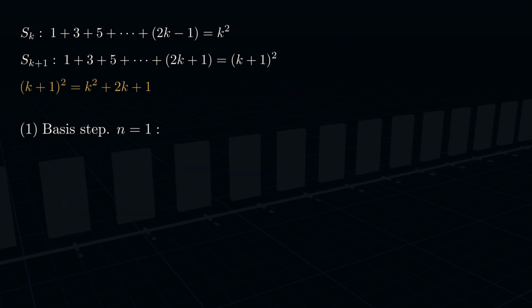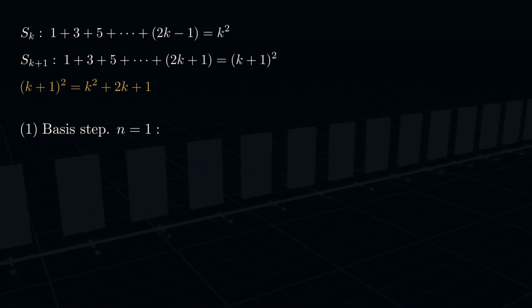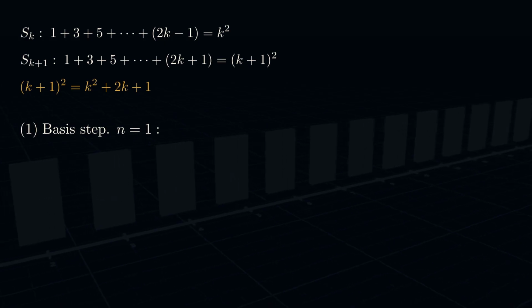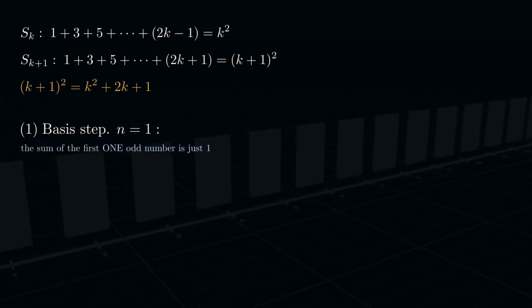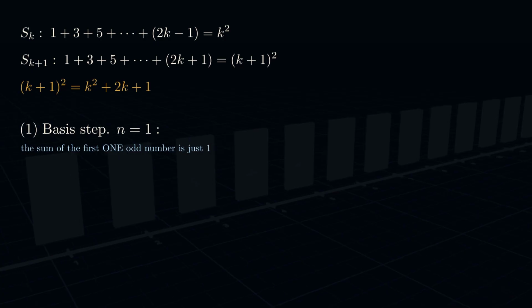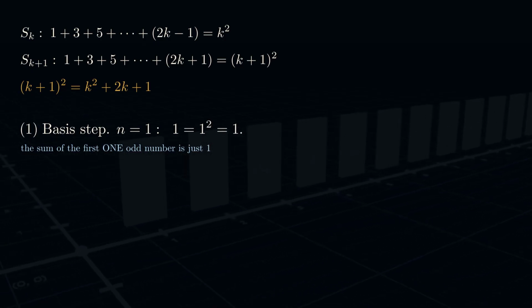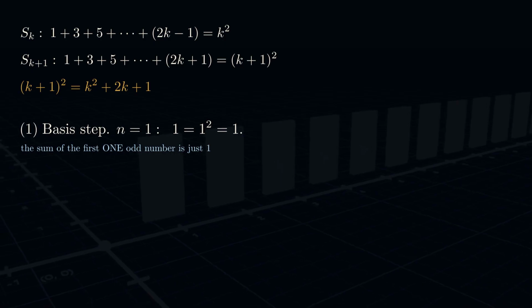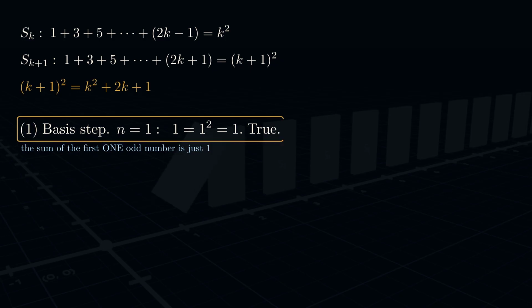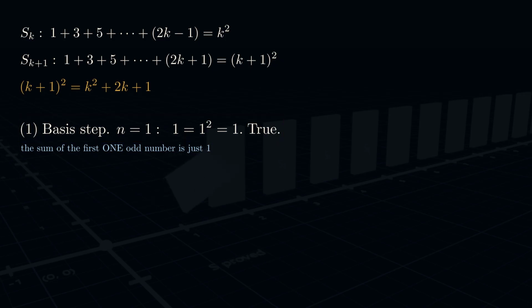Step 1, the basis step, S1. Put n equal to 1. The left side is the sum of the first one odd number, which is just 1. The right side is 1 squared, which is 1 times 1, which is 1. 1 equals 1. True. The first domino is down.